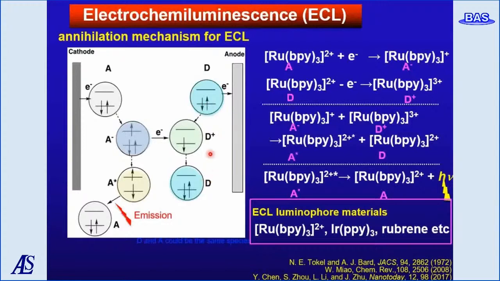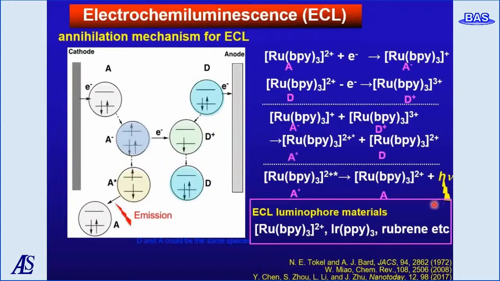When both species diffuse into the bulk and encounter each other, electron transfer and annihilation occur. One of the two ruthenium species remains energetically excited, resulting in luminescence. This is electrochemiluminescence.